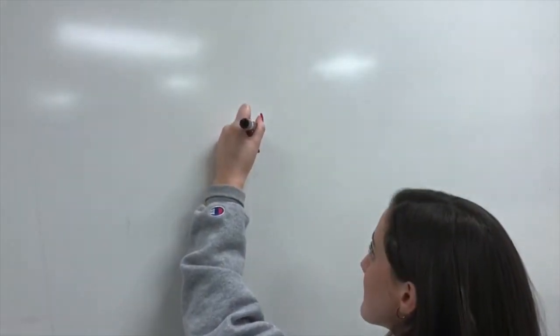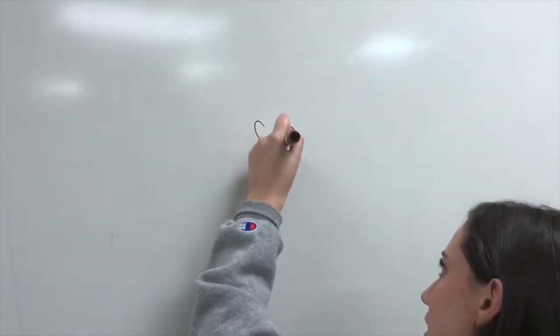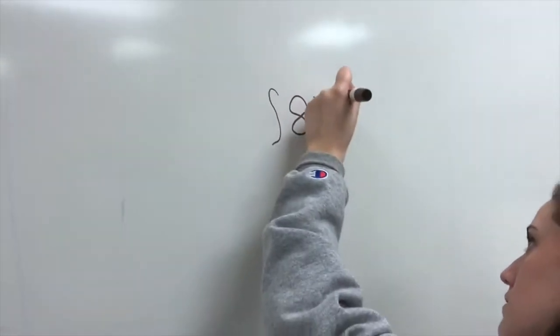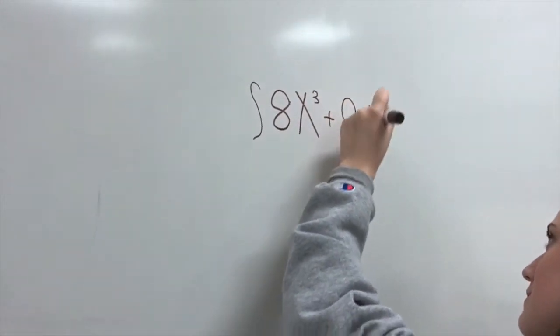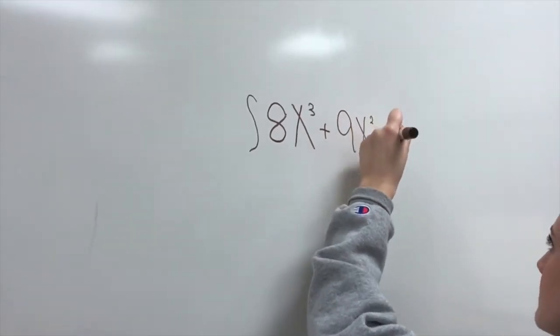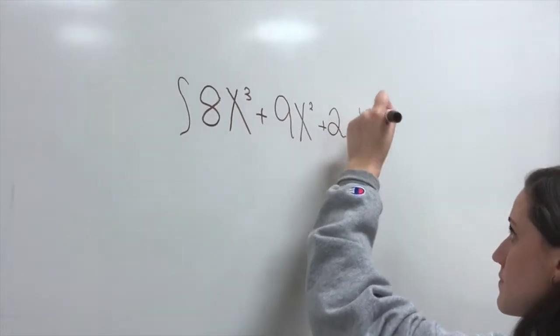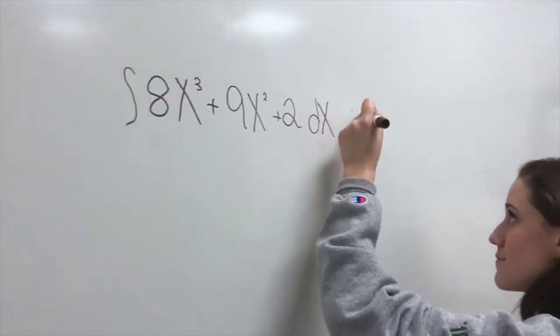The last type of problem we're going to do together is finding the specific antiderivative given an initial condition. So we're given the equation 8x cubed plus 9x squared plus 2 when f of negative 2 equals 7.